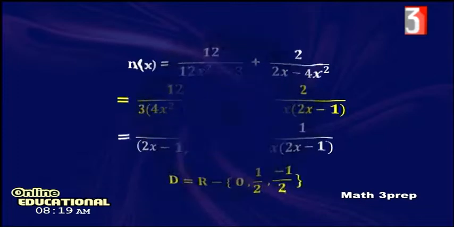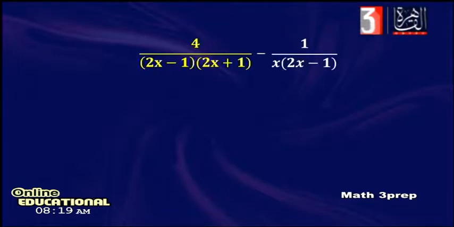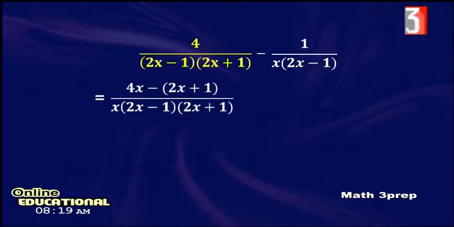Then, what about the common denominator? That's correct: (2x minus 1)(2x plus 1), and the numerator will be 4 minus 1 over x(2x minus 1). The denominator will be x(2x minus 1)(2x plus 1).